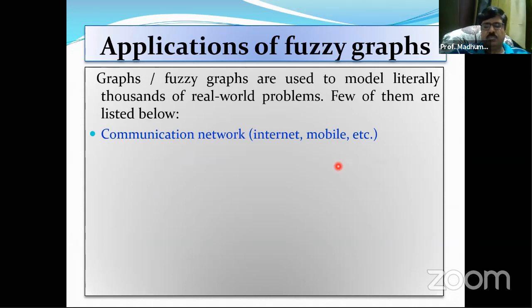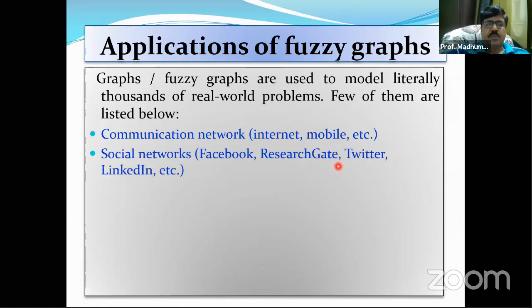Any computer or communication device can be taken as the vertices, and the physical connection or logical connection can be treated as the edges. So internet communication, mobile communication, military communication systems are all modeled by graph theory.